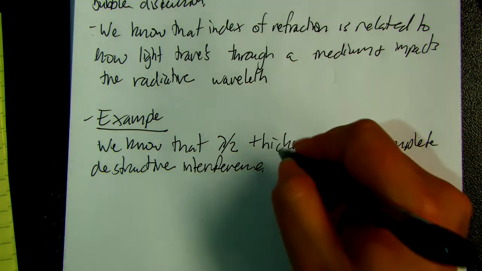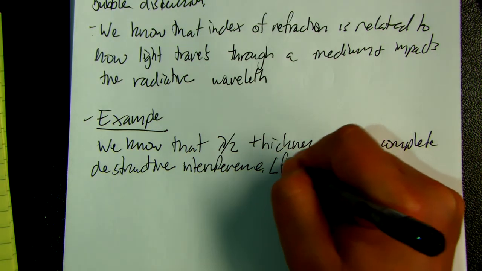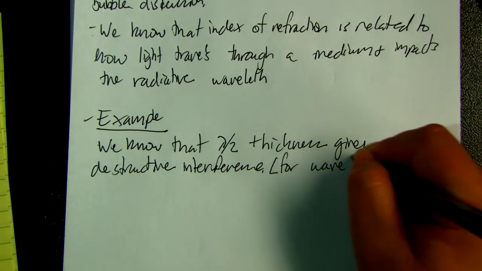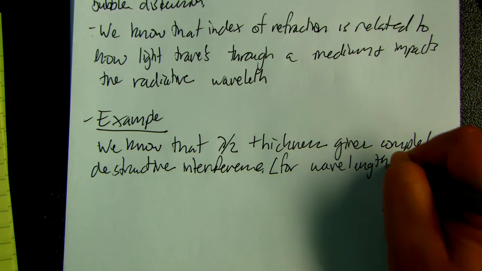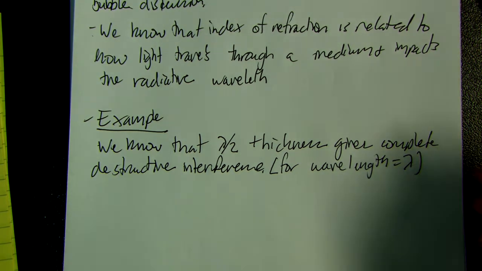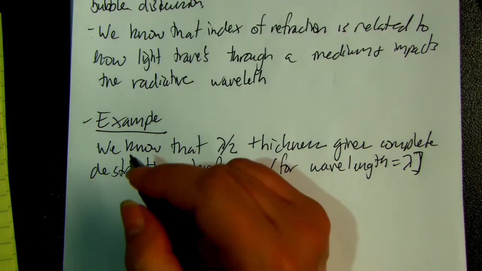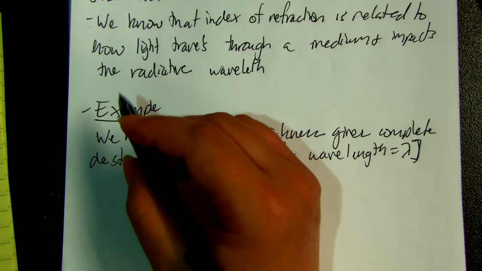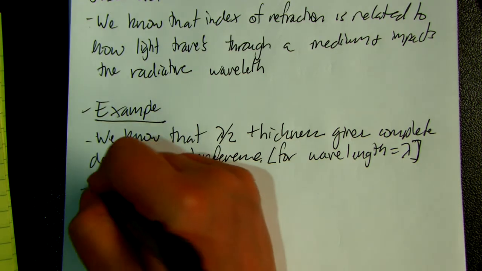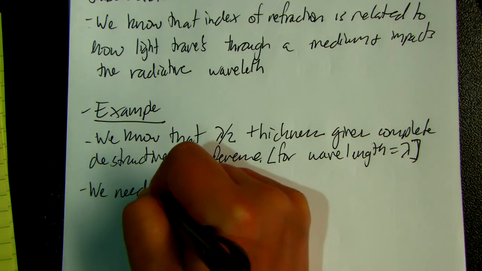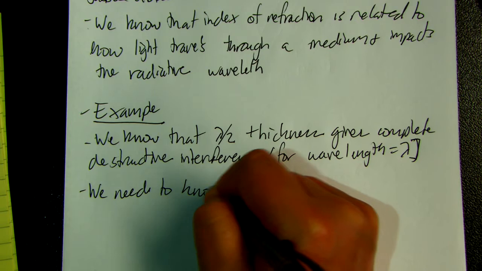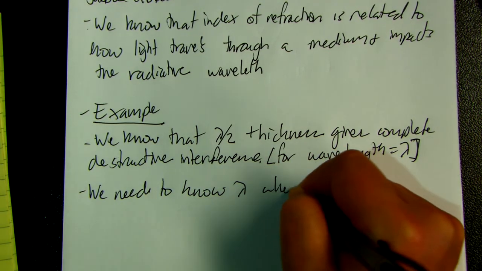So this, of course, is for a given lambda. It's not going to be the same if you shine a different wavelength of light on it. So we need to know lambda when it reaches the bubble.